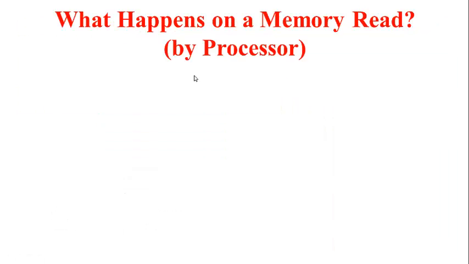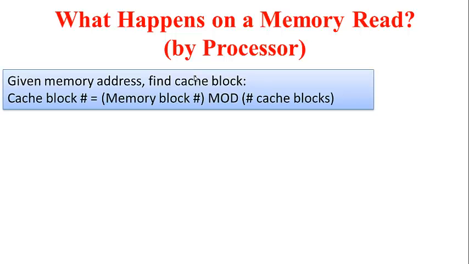In this cache design, let us now see what exactly happens on a memory read by the processor. The first thing done is, given the memory address which the processor is trying to access, we find the corresponding cache block using the algebra given earlier. That is, cache block number is nothing but the memory block number modulo the number of blocks in the cache.